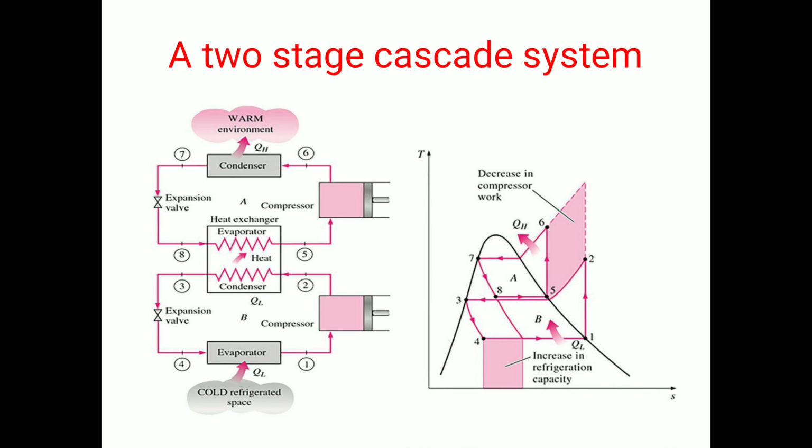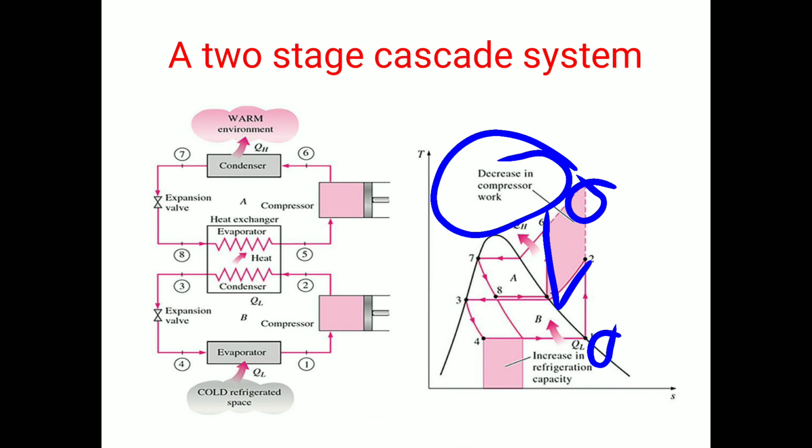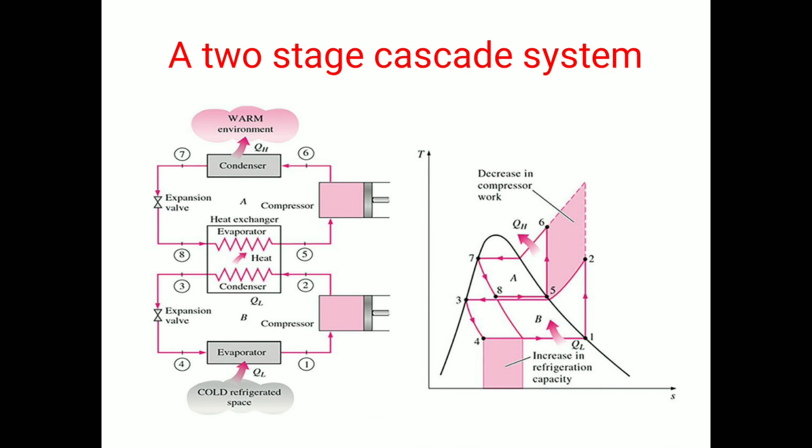So if you observe the TS diagram, you can observe two important things. The first point is, instead of compressing from this point to this point, we are compressing in two stages. Due to that, there is a decrease in compressor work, which is desired to increase the COP.